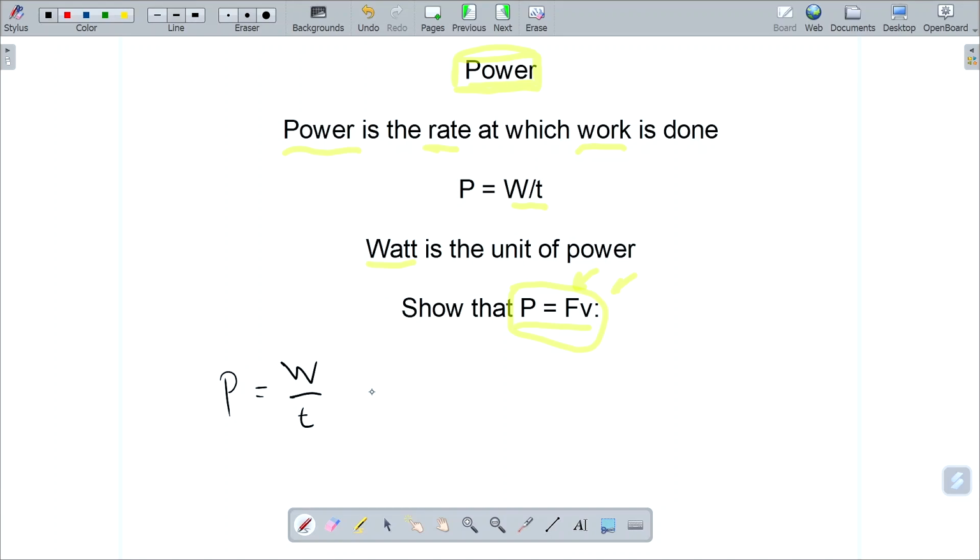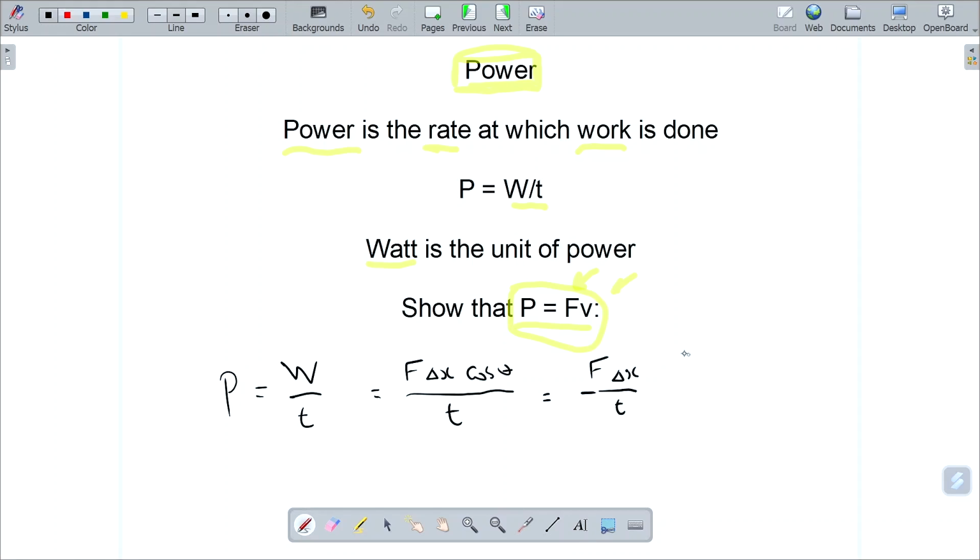Now work, we know, is the force times delta x times cos of theta divided by the time. In this case, let's assume that the force and the distance are in the same direction, and therefore cos of theta will fall away, and we have F delta x over t.